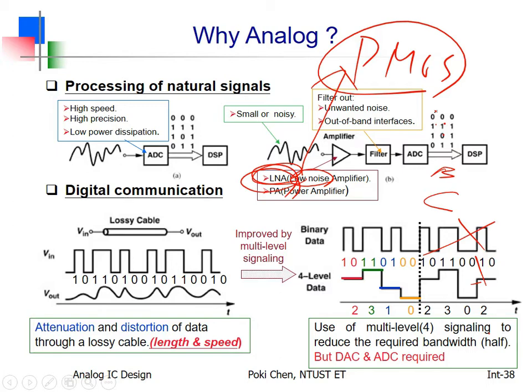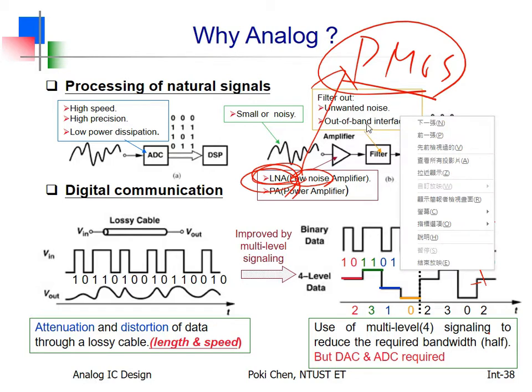Simply because in NMOS, the majority carriers are electrons, and in PMOS, the majority carriers are holes. In the next chapter, I would like to refresh your mind on the conduction of electrons and holes. Then you will fully understand why PMOS is better than NMOS, I mean, for noise performance.